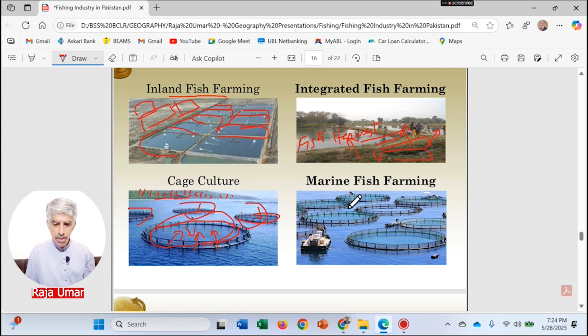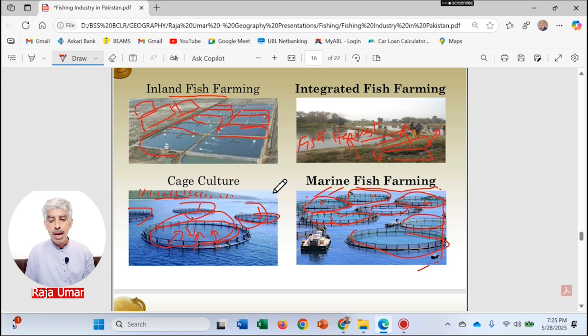So here you can see this is the wider sea, and it is all sea, and the cages are placed in the sea. Then the sea fish types, I mean the fish species which grow really very well in sea or oceans, are brought into those cages, and they are reared and fed and vaccinated, and looked after, and then they are caught when they grow to the maximum size, and sold into the market for the sake of earning profit.